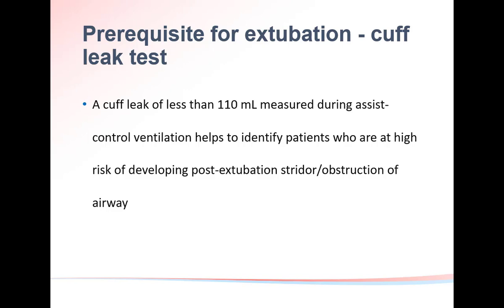If you deflate and you can hear the sound coming, that means there is enough space around the vocal cord and no edema, so the patient will not have a stridor. The other thing is to see a difference of 110 ml between inspired and expired. If that is there, the patient has enough space and there are no chances of stridor or obstruction after the extubation.